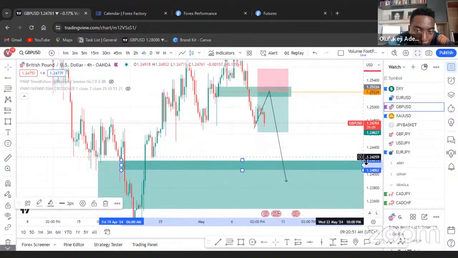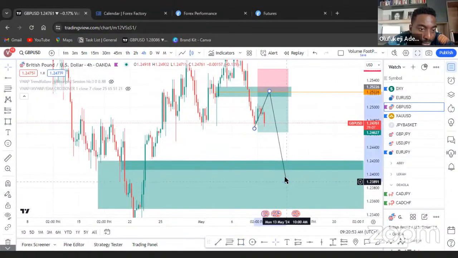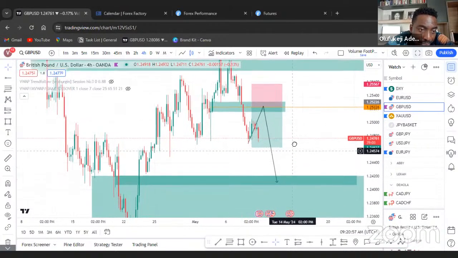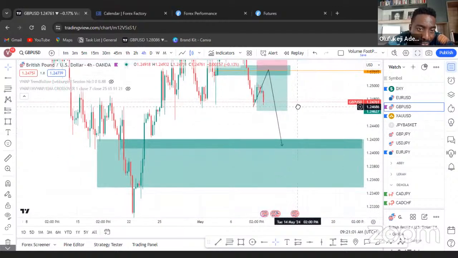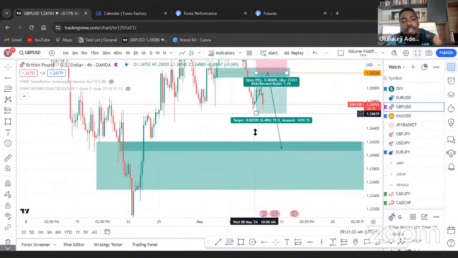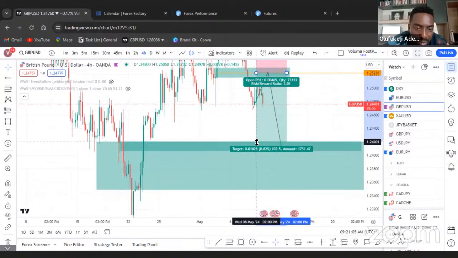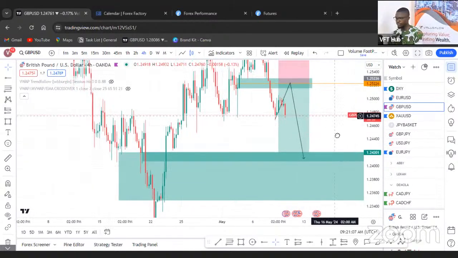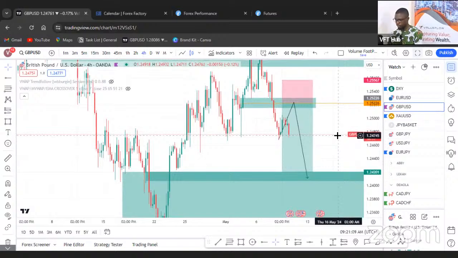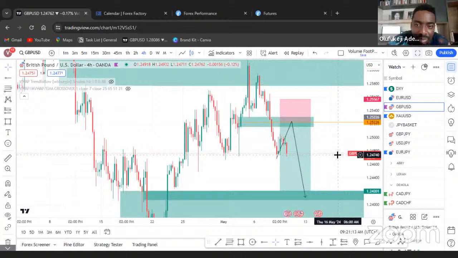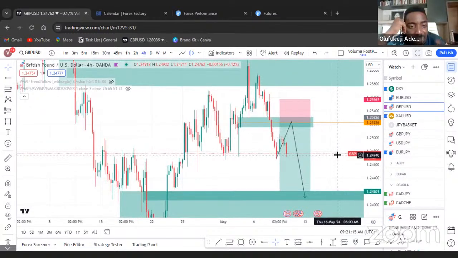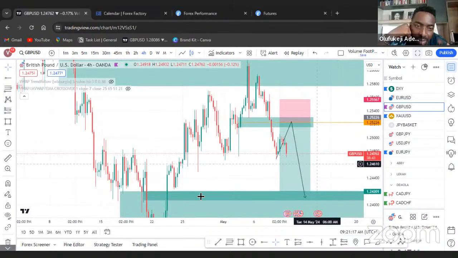So that's a possibility. 50% of that IOFED or 50% of that fair value gap exactly into there. So let's see our risk to reward. 1:3, something like that. So this is what I'm looking for.